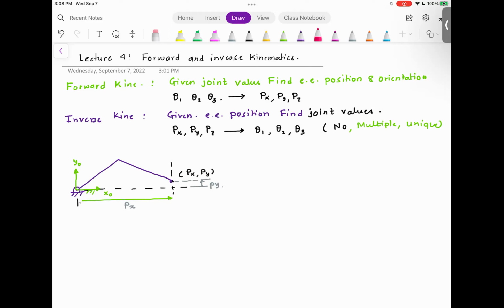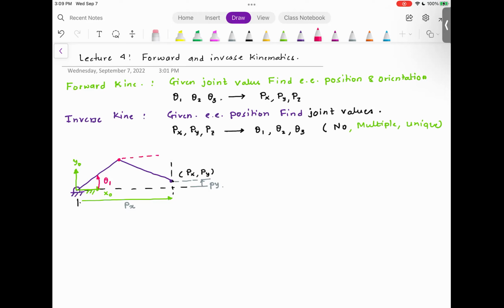If I use the same sign convention that we used earlier, this is my theta 1. I want you to understand that the sign convention I'm going to use to set up this problem is slightly different than the one we will use for the three-dimensional problem.